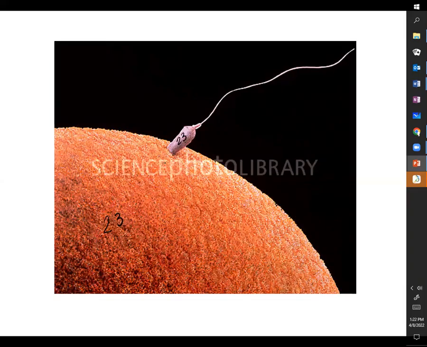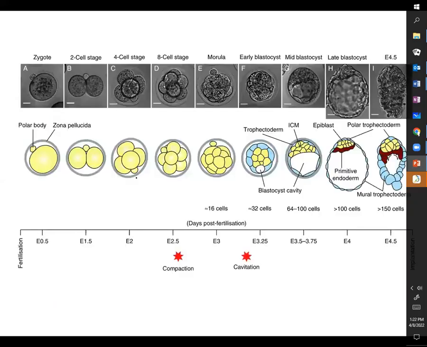When fertilization occurs, when one of these lucky sperm penetrate through the membrane, then all other sperm are cut off, and we have a complete 46 total chromosome composition. That triggers development. And at that point, we have what's called a zygote.